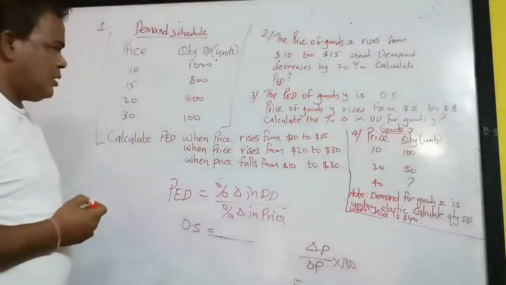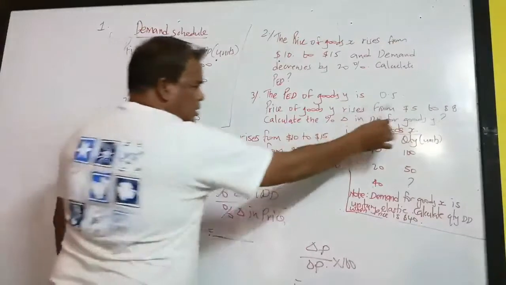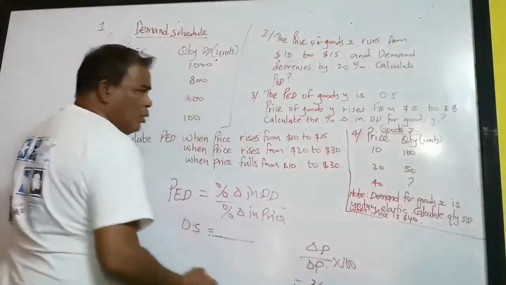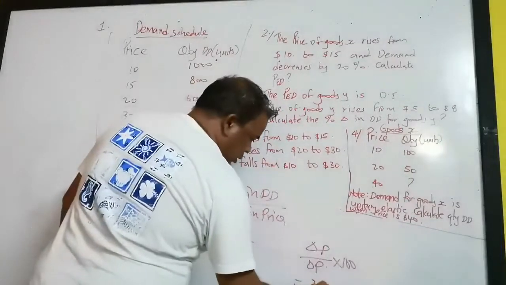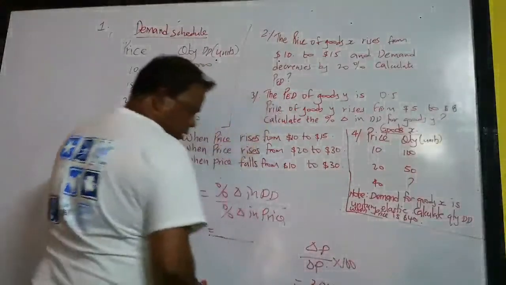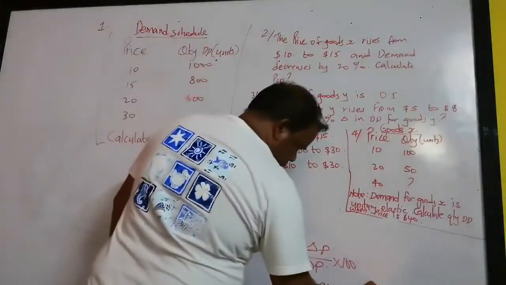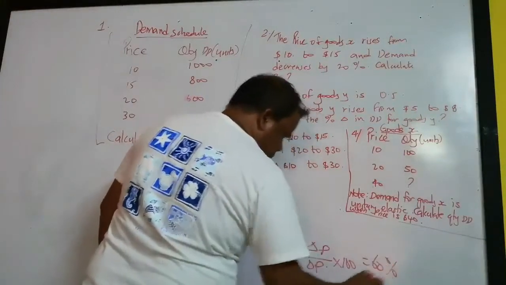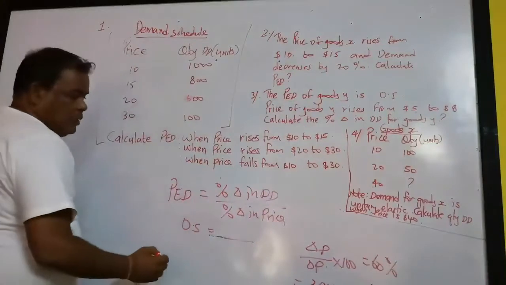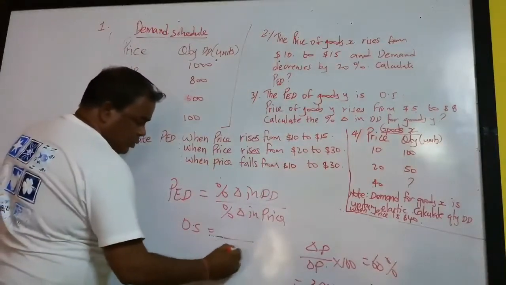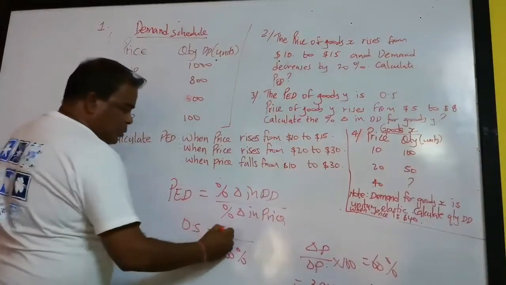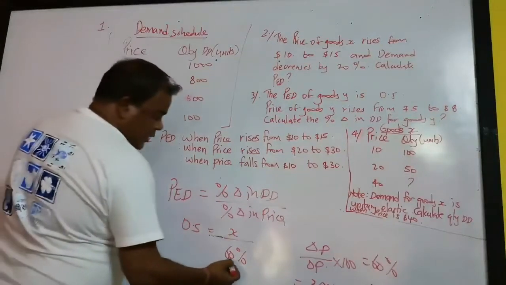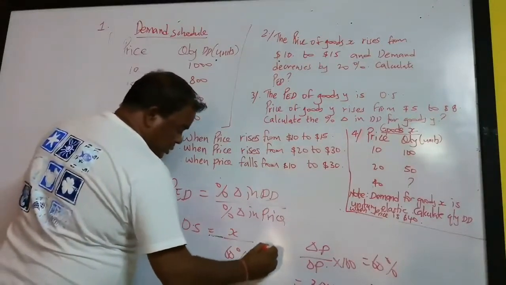Change in price, 5 to 8, is 3. Original price 5, times 100. This will give us 300 over 5, that gives us 60%. So we replace in this formula, percentage change in price 60%. This one we don't know, we put X. 60% is the same as 0.6.